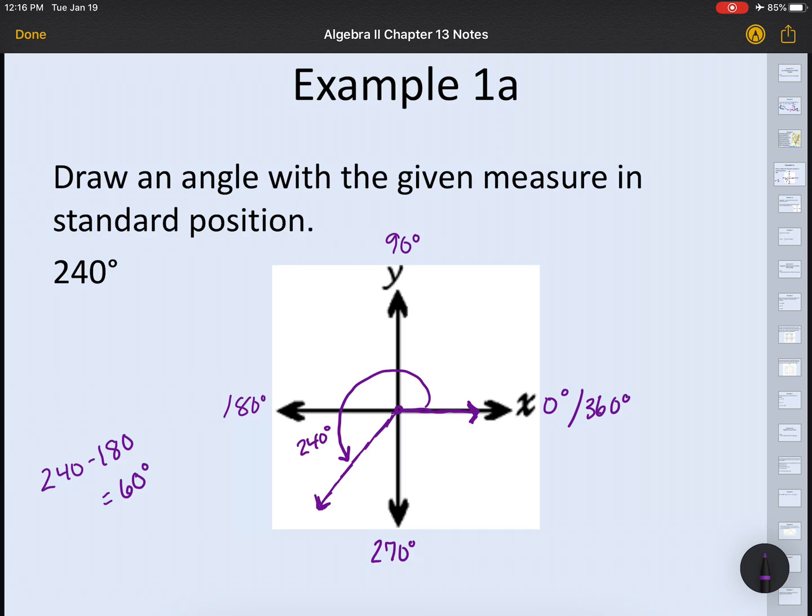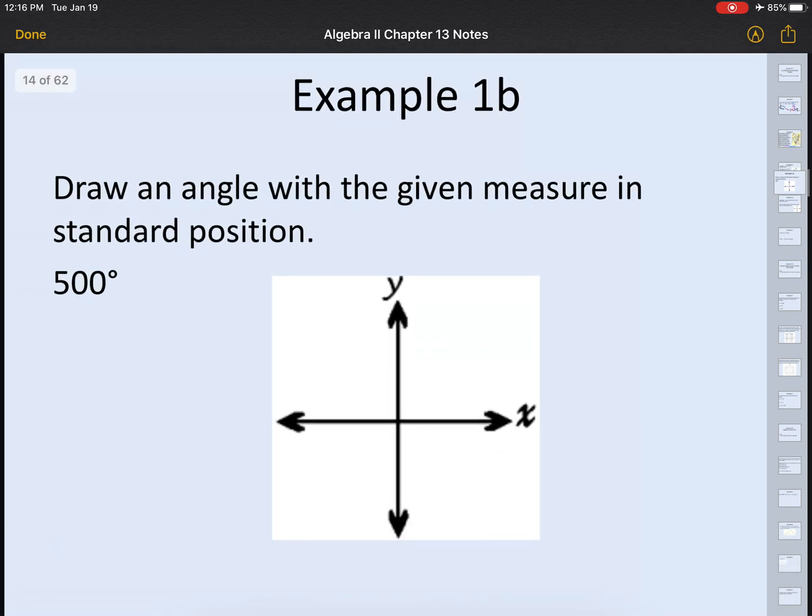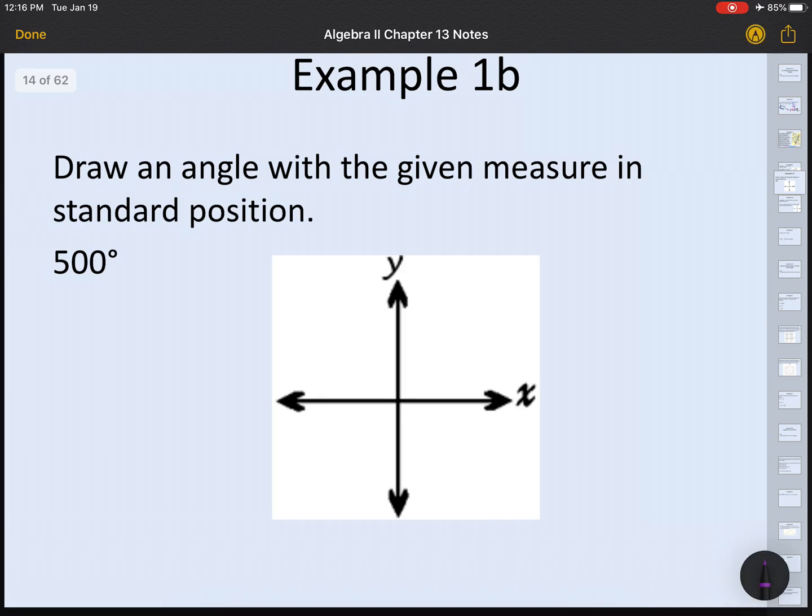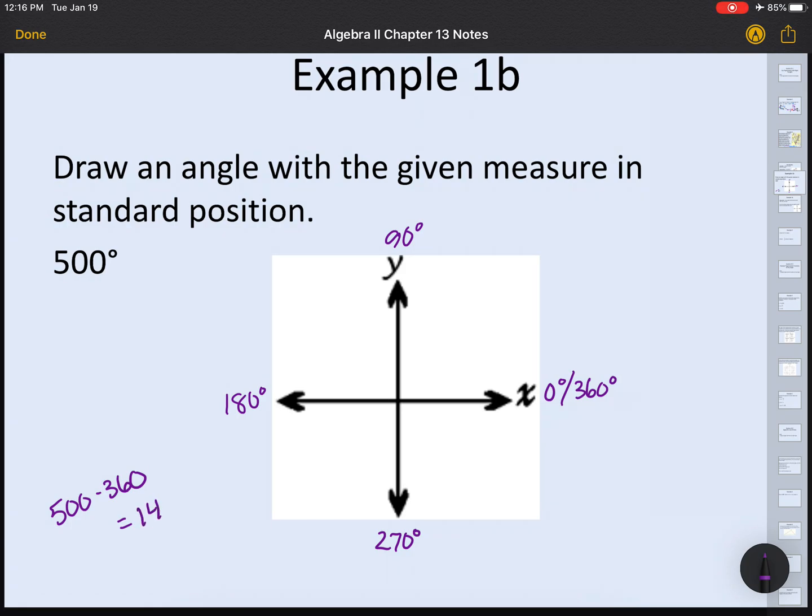Our next one is 500 degrees. So again, this is 0 or 360 degrees. Here's 90, here's 180 and 270. So 500 is definitely bigger than 360. If you think about it, 500 minus one full circle is 140 degrees.